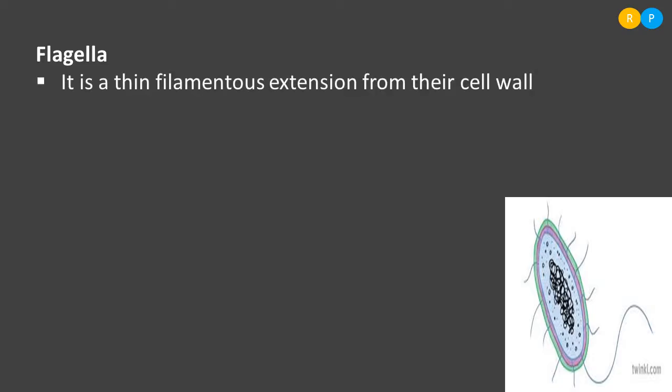In some only one flagellum will be present, in some two, in some three, four, like that. The number varies depending on the kind of species. These flagella are thin filamentous extensions from the cell wall. They are actually formed from the plasma membrane.